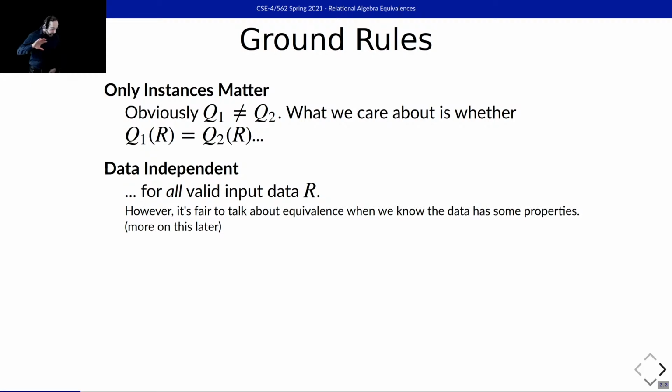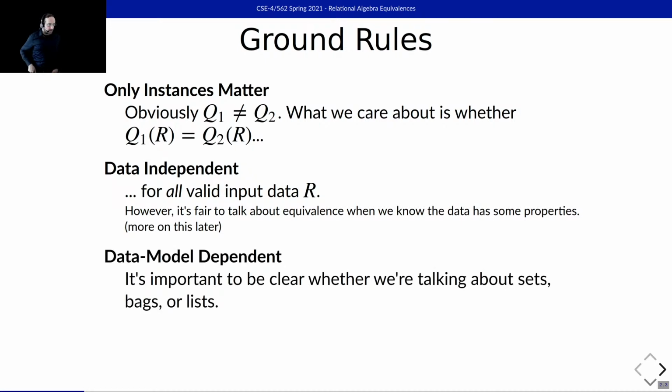A small aside: later in the semester, we'll talk about more interesting cases where we know the input data set has certain properties, and how we can take advantage of that to give ourselves even more equivalent queries. But for now, if I give you any data set that is a valid input to both queries, can I prove that the output is going to be the same?